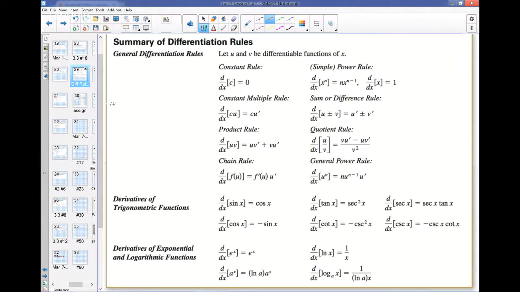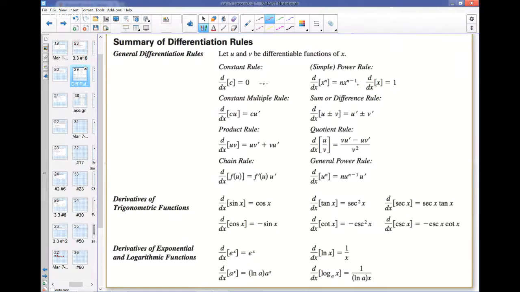So, quickly going over the easy ones way at the top. The derivative of a constant is always 0. Then we had the wonderful simple power rule. You just multiply by the power and reduce the power by 1. The constant multiple rule said ignore the constant, take the derivative of the rest, and then slap the constant back on again.